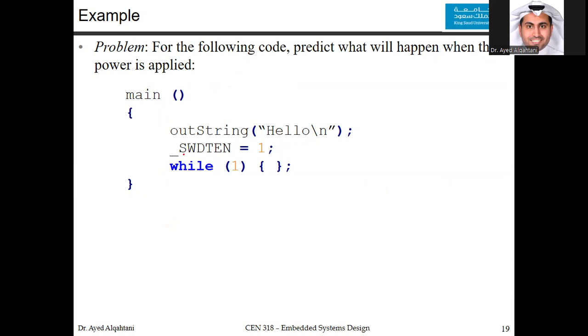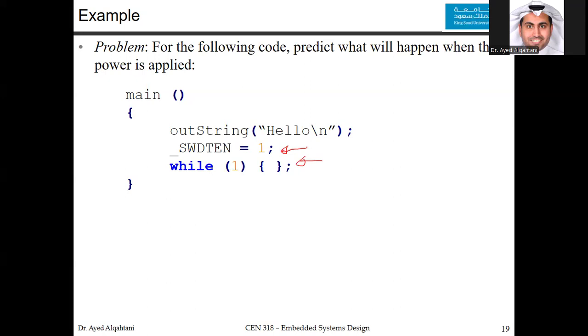And then at that point, you enable the watchdog timer by software, this way. And then you went through a while loop. What will happen? If you think that you will stuck here in this while loop forever and that's it, then you are not careful enough, because you are not looking at the watchdog timer behavior.